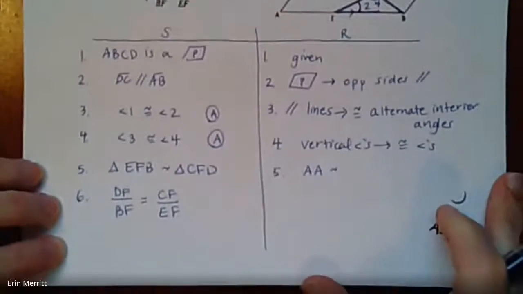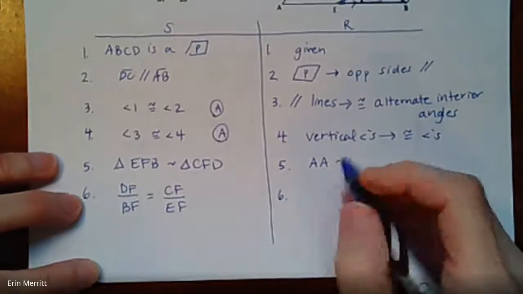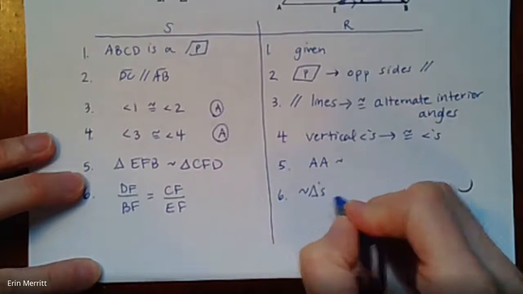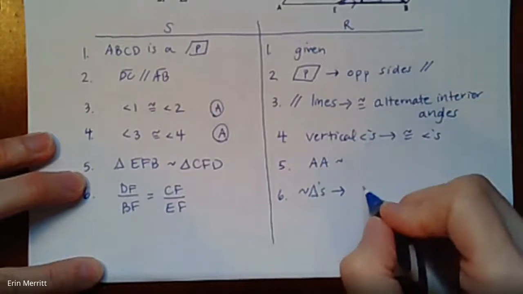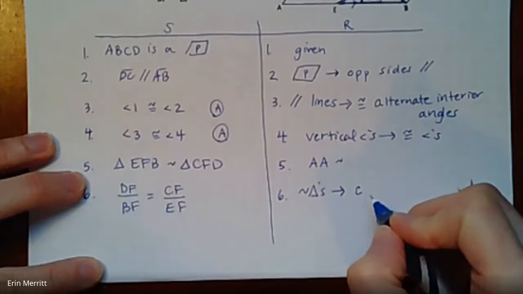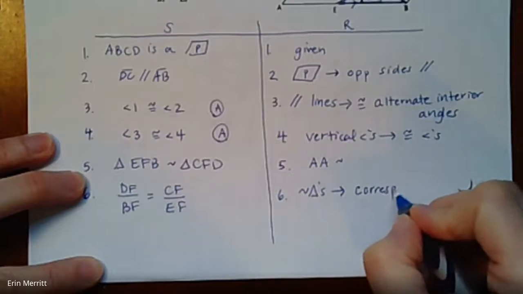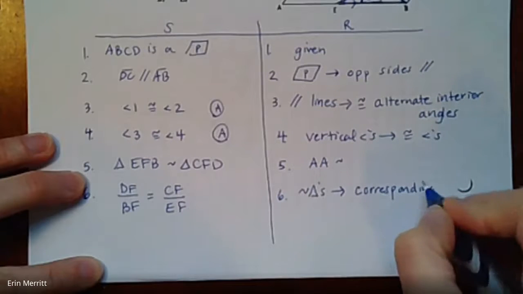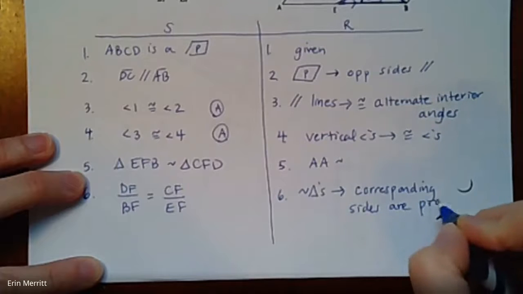And then the reason for being able to say step 6. We should be able to say similar triangles implies corresponding sides are proportional.